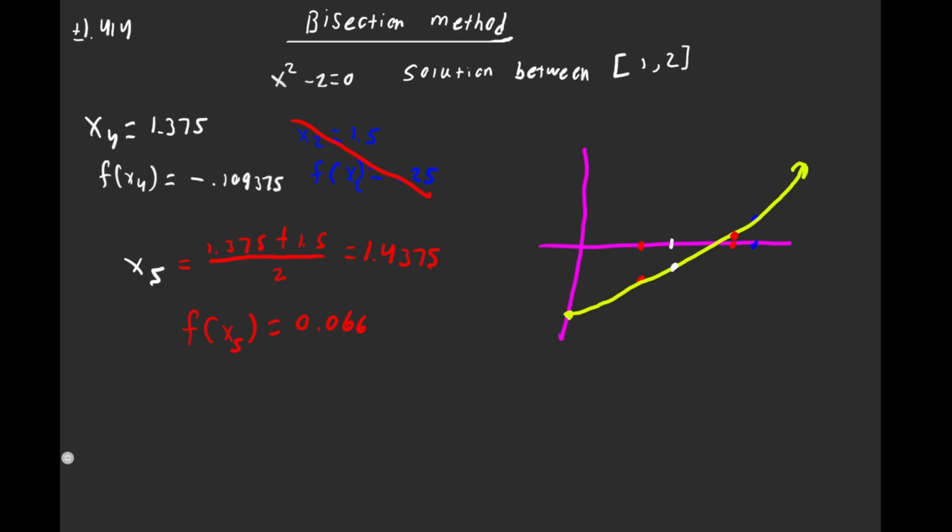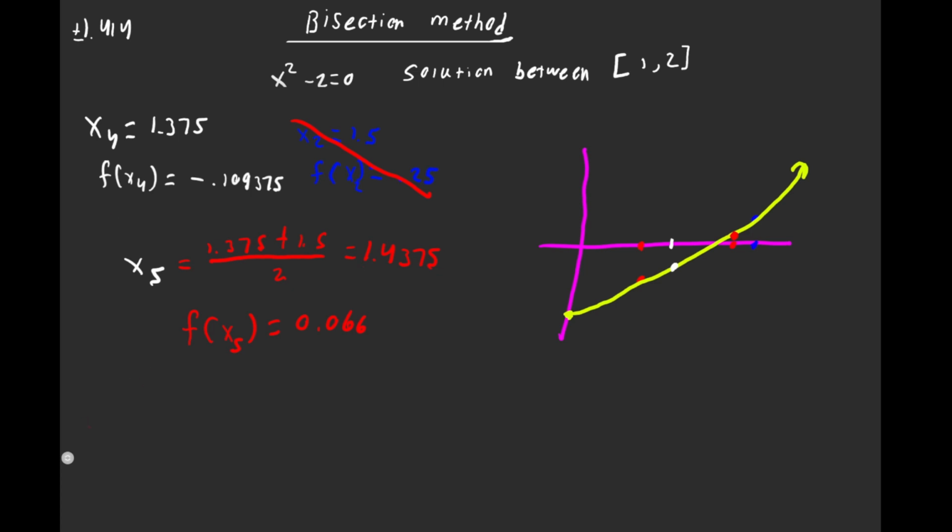So now what we have to do is look for x sub 6, and what we will do is add x sub 5 and x sub 4.